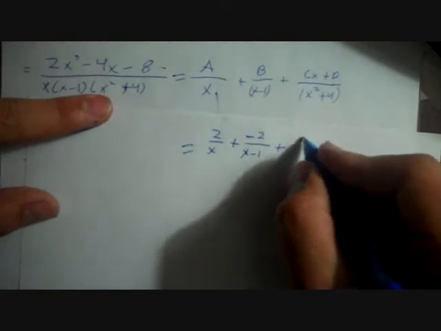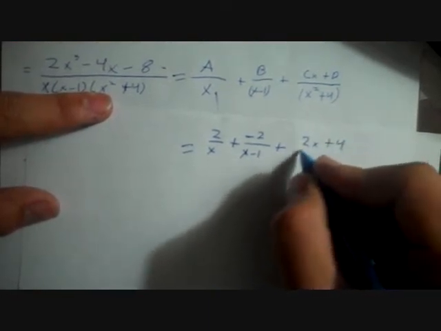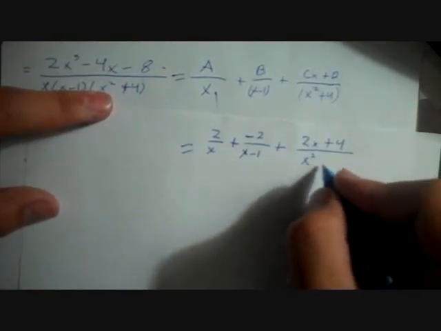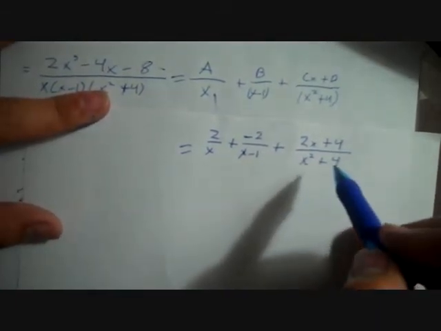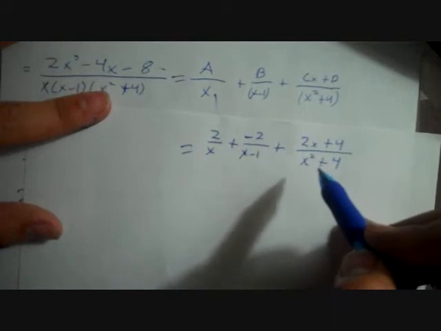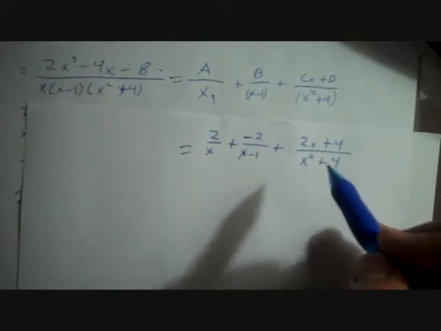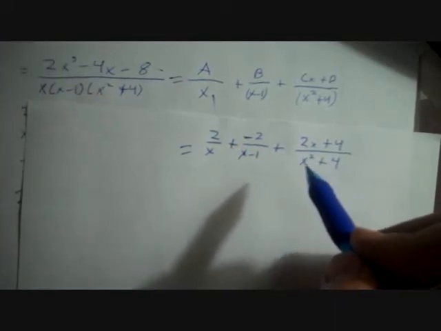So this will be 2x plus 4 over x squared plus 4. And this is easily integrable.